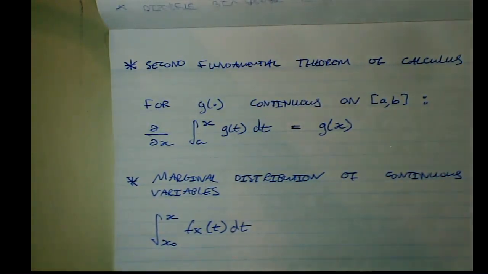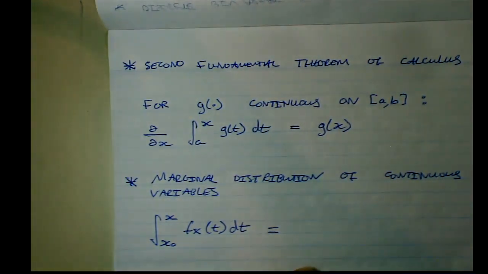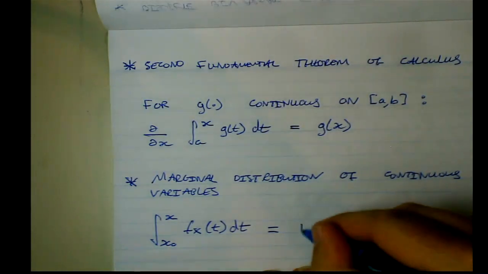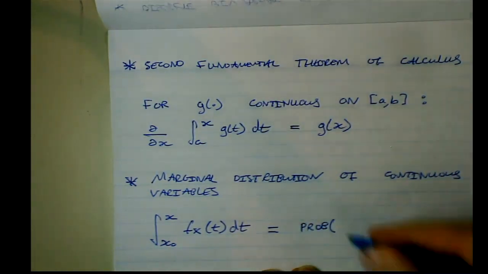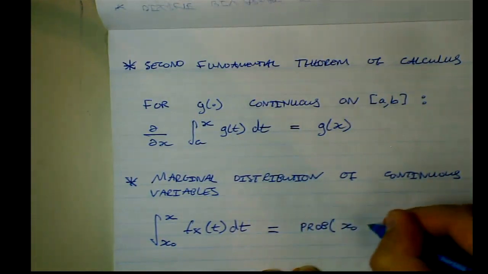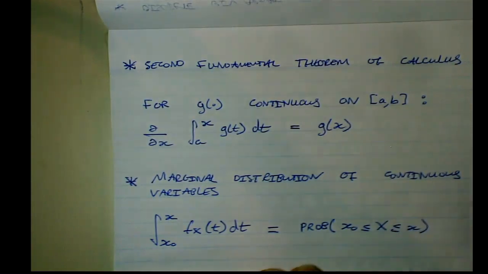Okay, so I'm going to integrate f_X of x between x0 and x. Okay. So what is that? Well, we can express that in probabilities. It is simply the probability that big X lies somewhere between x0 and little x.